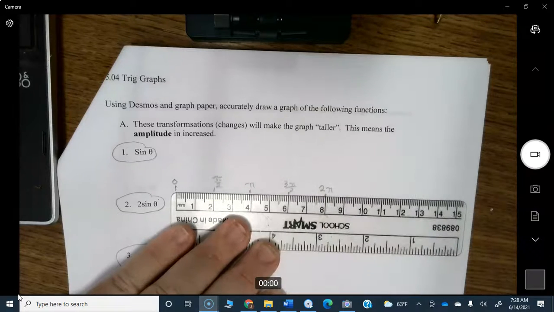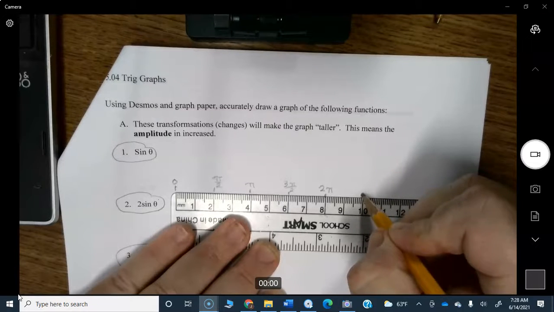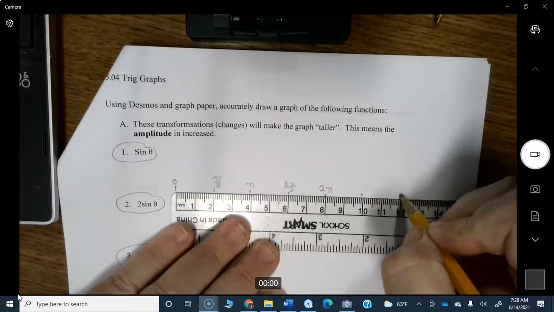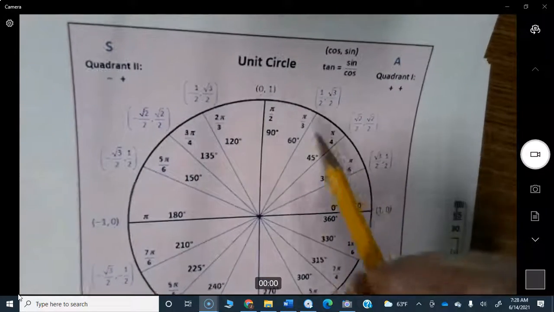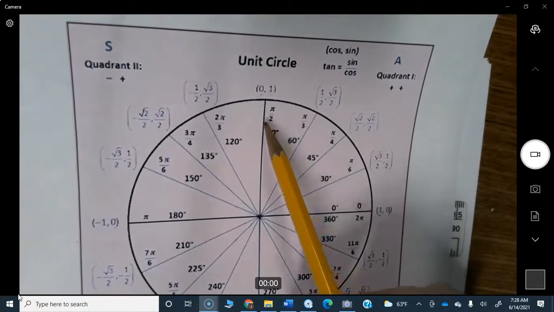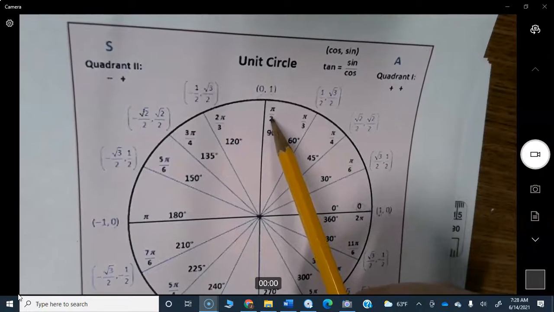Okay, and if you wanted to continue going on, I'll just make a mark every 2 centimeters here. We can go from 2 pi up here, that's 4 pi over 2 plus another pi over 2 is 5 pi over 2.